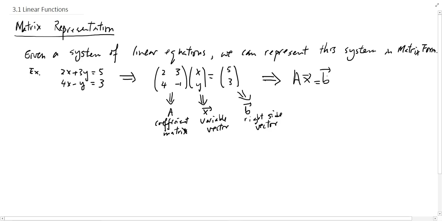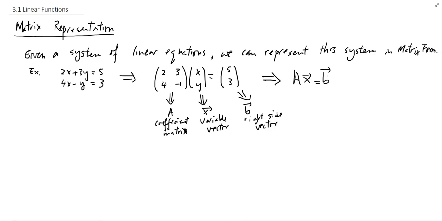You learned how to solve this system last year using some kind of matrix method, reduced matrices and things like that. You probably also remember that a system of linear equations like this one could have no solution, one unique solution, or infinitely many solutions. However, an interesting thing is the following.